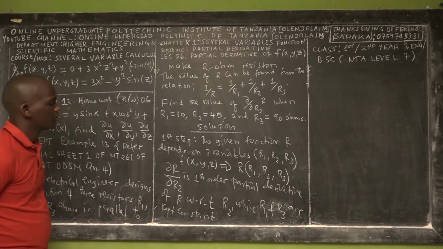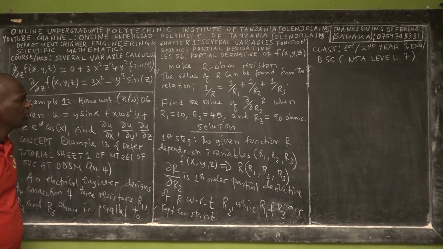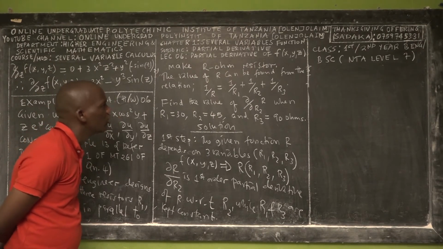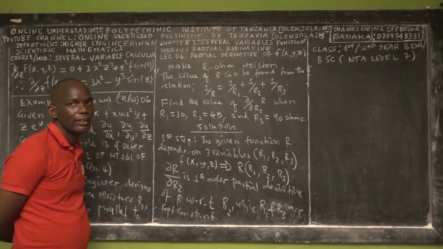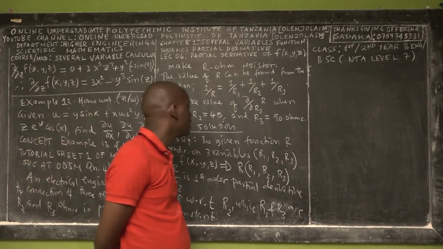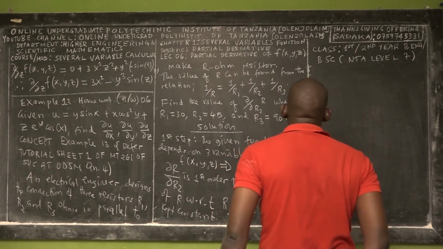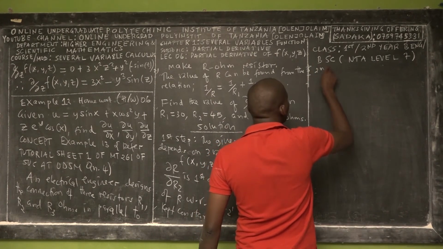Those three resistors, we'll be given the values of R1, R2, R3 in order to find the value of R, but we'll see why we should find the value of R later on.